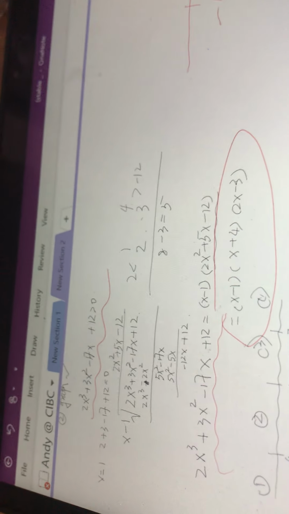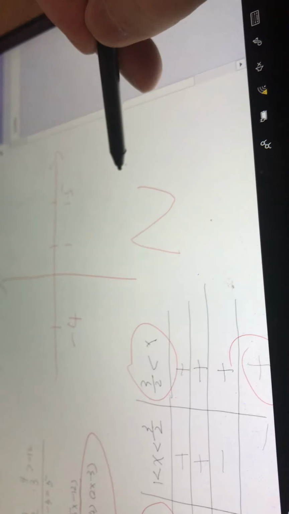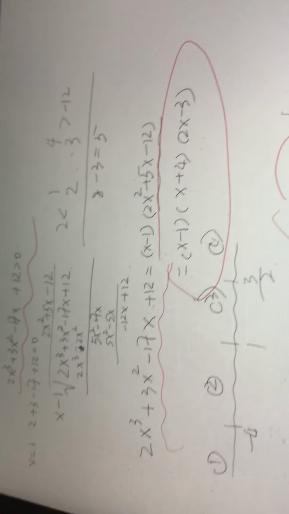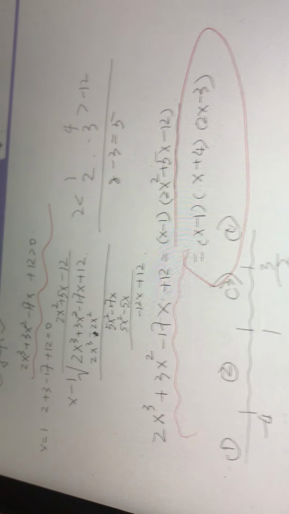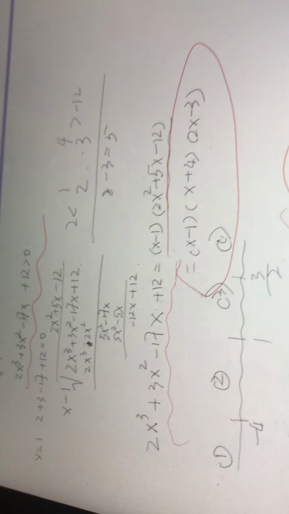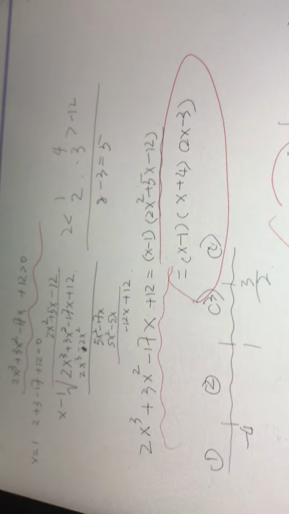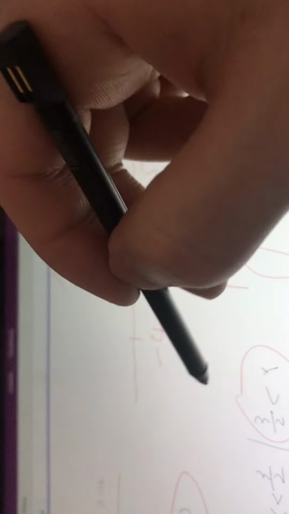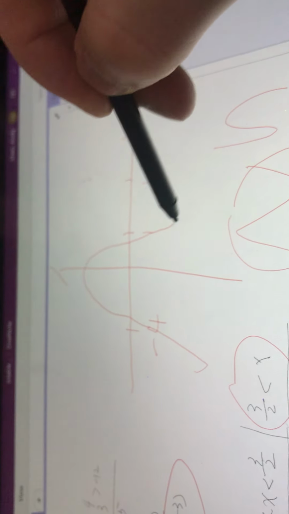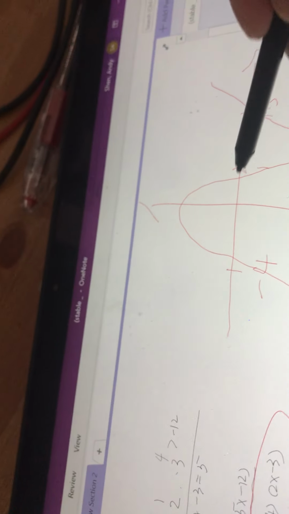The degree is 3. So it will either have this shape or this shape, right? And then because the degree is 3 and the leading coefficient is 2, the end behavior when x goes to positive infinity, y should also go to positive infinity. So we should choose this graph. So the graph should pretty much look like this.